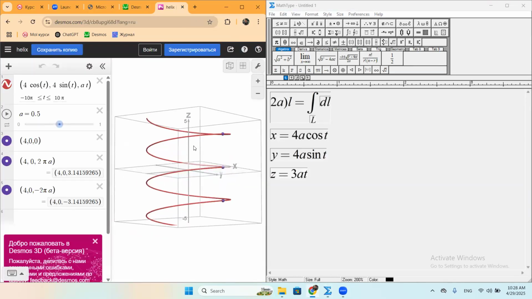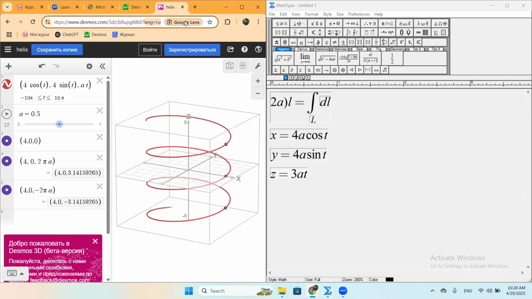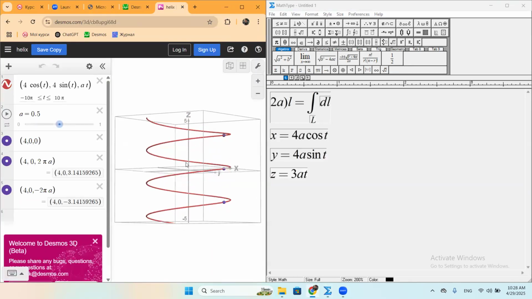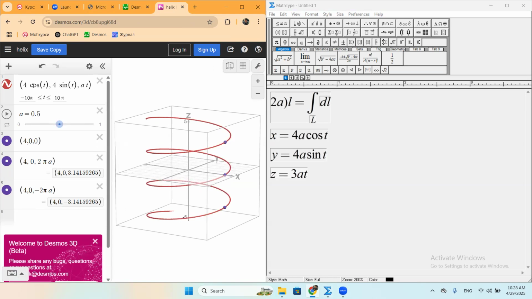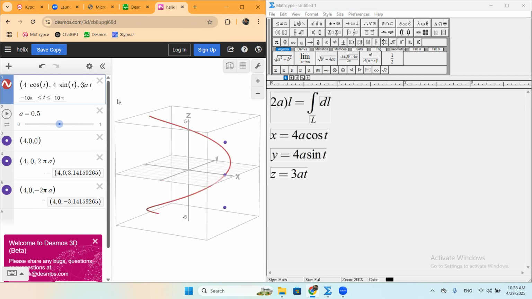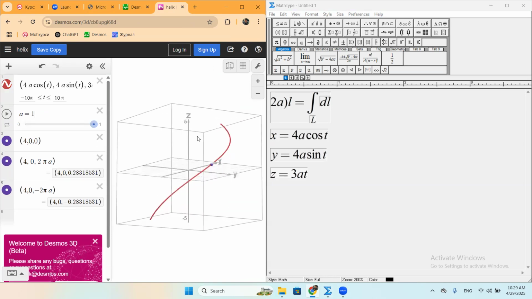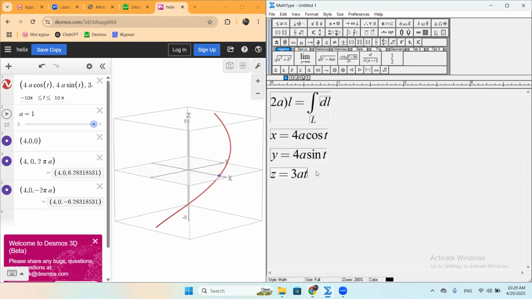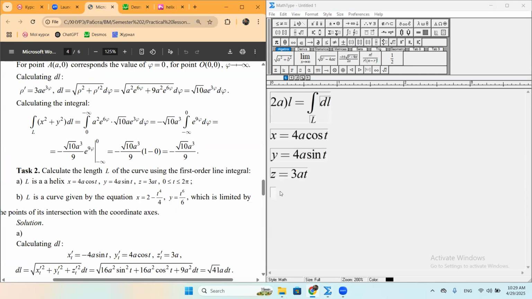So we have the following helix, the following graph. Let's put 3 here, and a will be equal to 1. So actually it is a spiral. Okay, just for our understanding. And t changes from 0 to 2 pi.